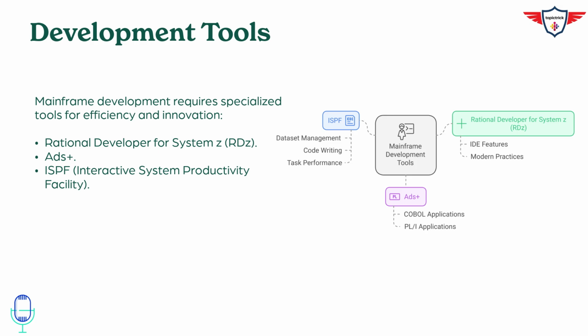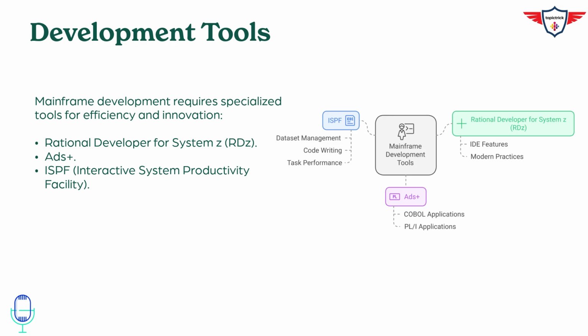So the mainframe world is constantly evolving. And there are indeed modern tools that support agile methodologies and contemporary coding practices. Tools like Rational Developer for System Z, or RDZ for short, provide an integrated development environment that's really familiar to developers from other platforms. So RDZ brings that modern development experience to the mainframe world.